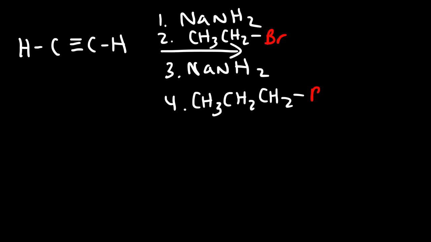And then finally in the fifth step we're going to react it with H2 and the Lindlar's catalyst, which you might see as a mixture of palladium and barium sulfate with quinoline. So go ahead and try this reaction.